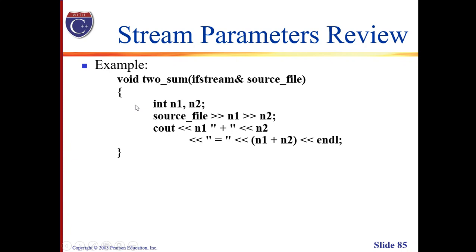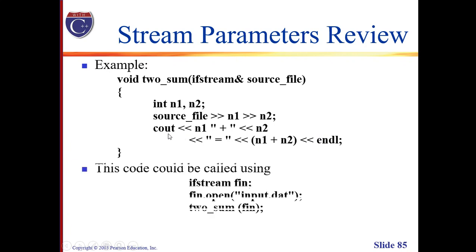Inside our function, we have two variables, which are assigned with values derived from our input file, from which their values will be added to produce the sum, which will be displayed using the cout. Hence, this code could be called using the following.